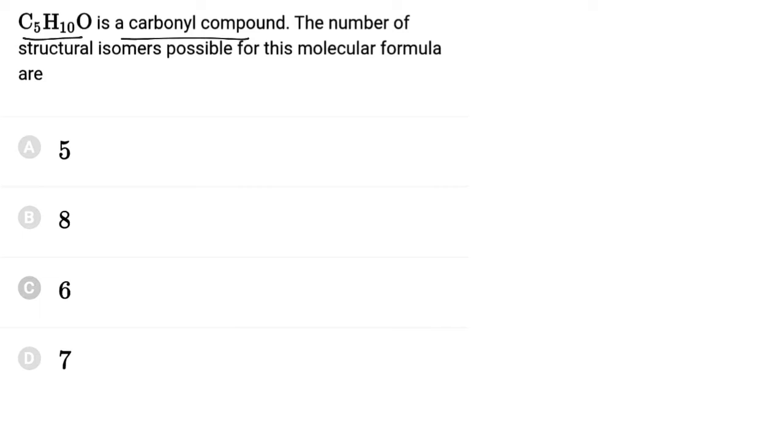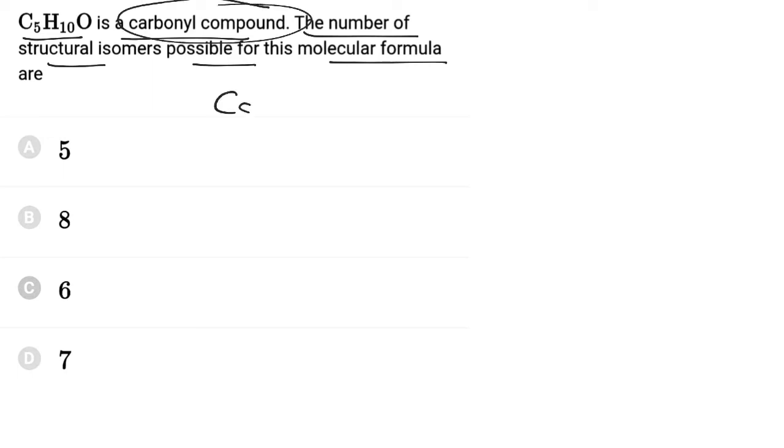C5H10O is a carbonyl compound. The number of structural isomers possible for the molecular formula. So from C5H10O we can draw various types of open chain structures and closed structures, but the restriction is that they should all be carbonyl compounds.